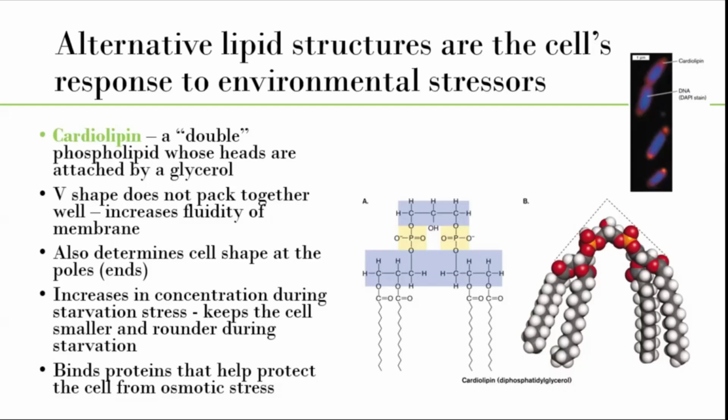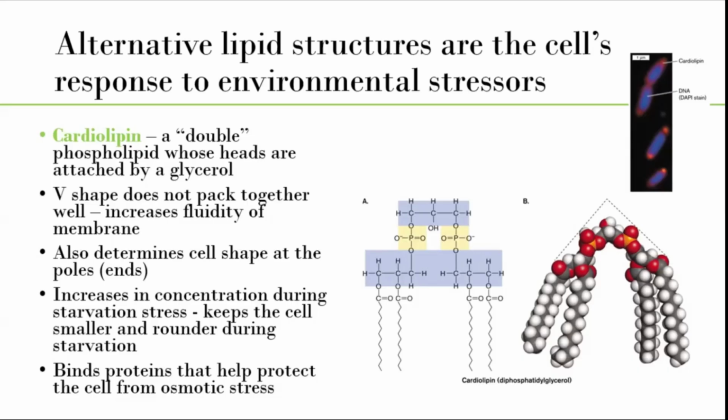So with this, the V shape helps increase fluidity, but the more important thing with the cardiolipin is it helps determine the cell shape. We've labeled it with fluorescent dye, and we notice that it likes to congregate on the ends of cells, where it causes the membrane to take a really sharp turn.